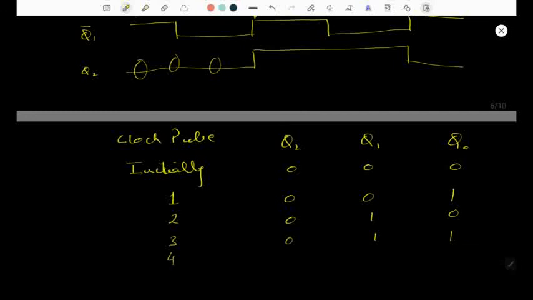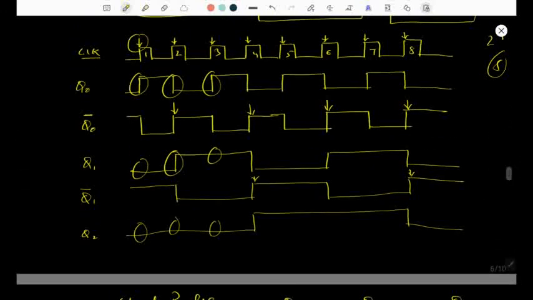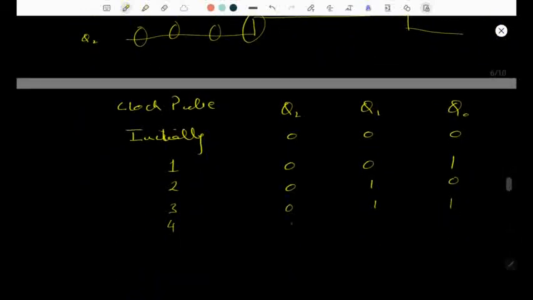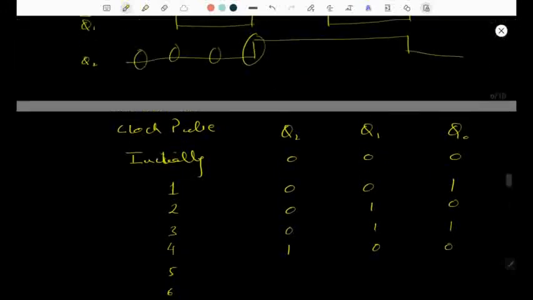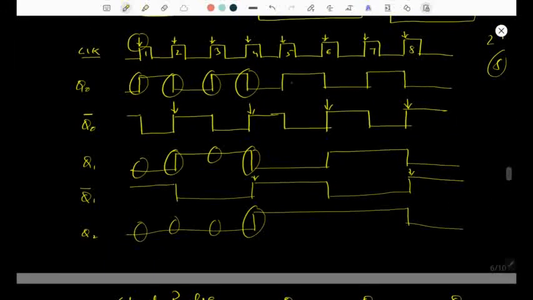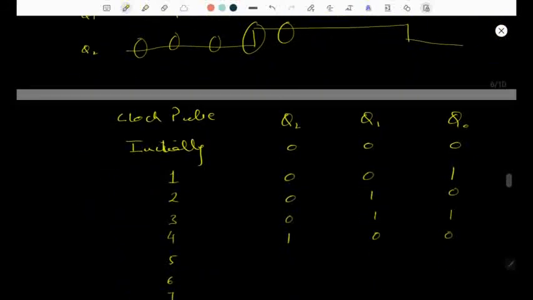When the fourth pulse is given, Q0 becomes low, Q1 becomes low, Q2 becomes high. So Q2 becomes high, both others are low. Then the fifth clock pulse was given: Q0 high, Q1 low, Q2 high, meaning 1 0 1.